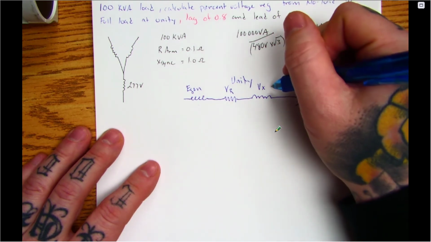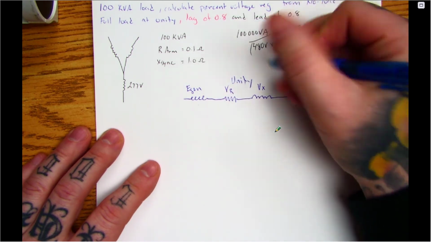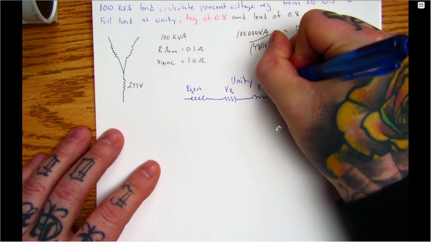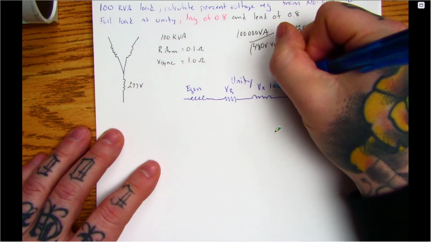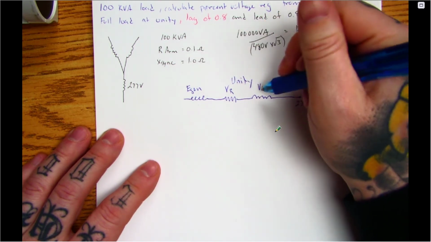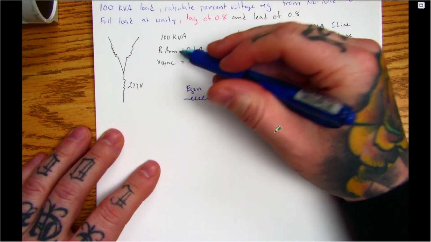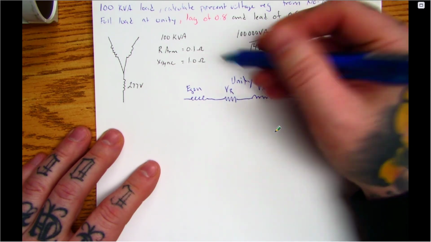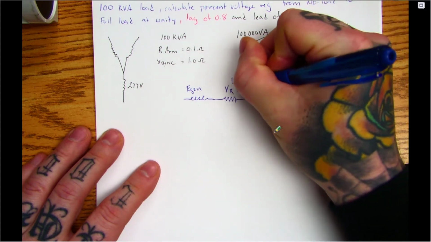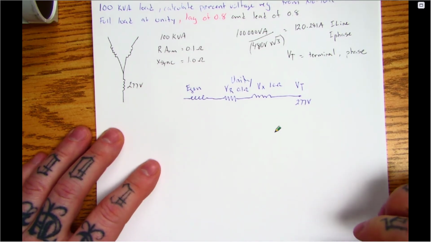Our Vx again was 1.0 ohms. And my armature, so the volt drop due to the resistance of the armature, is 0.1 ohms.